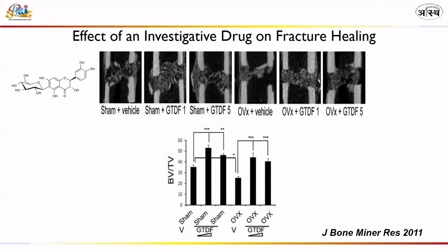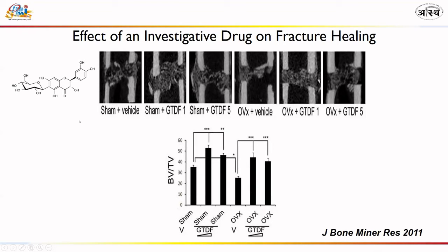Now, I will give some examples of where microCT has been used in our various animal models, which would help you in understanding what kind of collaboration can be established with CDRI, with our ASTHI center. This is an example of the effect of an investigative drug on fracture healing.